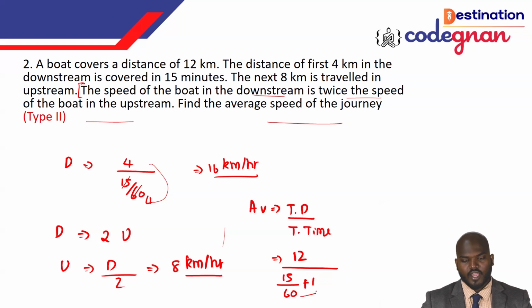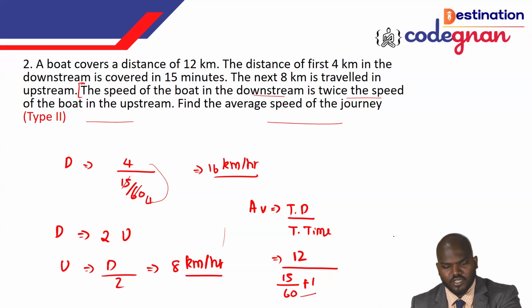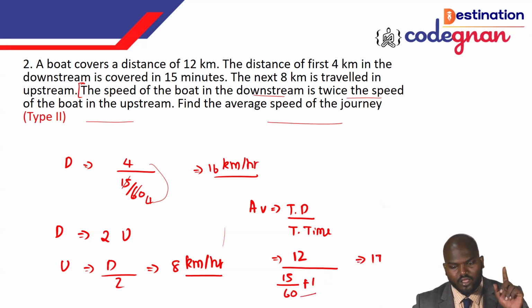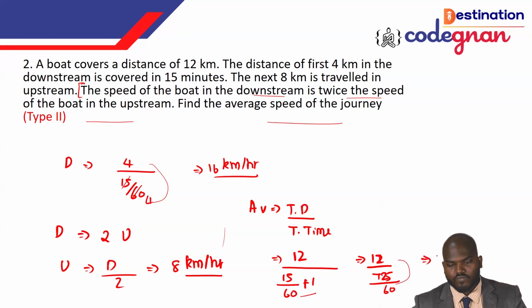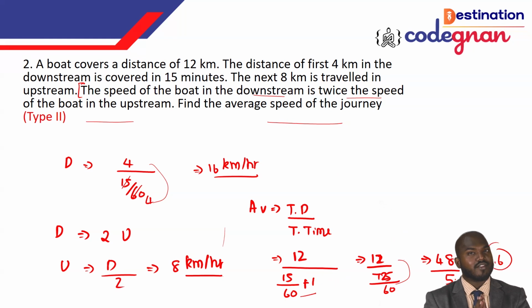If you take it up, it will give you 12 over 75 over 60. If you take the 60 to this side, it will give you 48 by 5. It will give you the answer 9.6 kilometers per hour. This is how you will derive the answer.